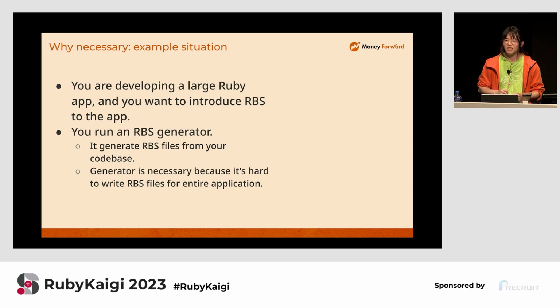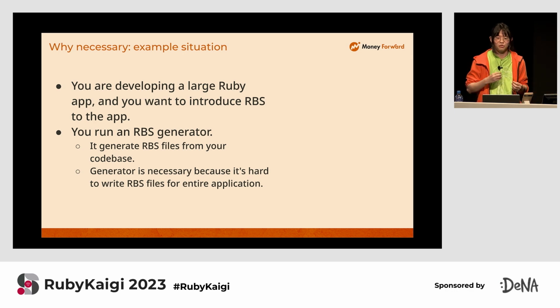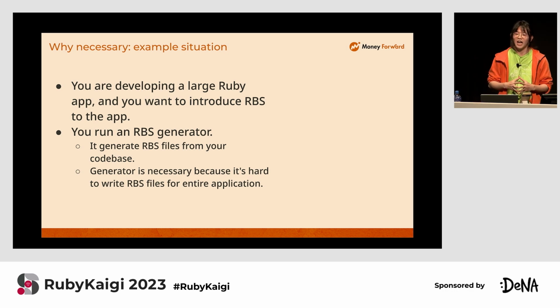You are developing a large Ruby application, and you want to introduce RBS to this application. In this case, you may want to use an RBS generator because writing RBS for all of your large application is really hard.